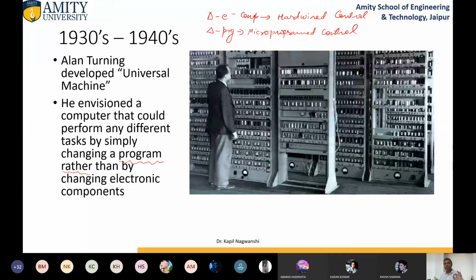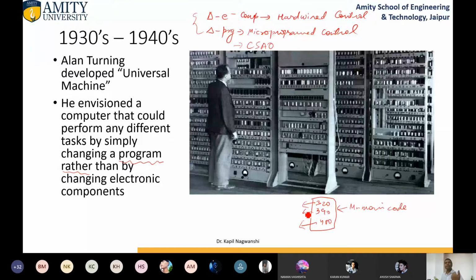So what Alan Turing did was develop a computer where we only need to change the program, meaning we just need to write the code. At that time, programs were written like 320, 390, 400. This is the writing style, and these codes are known as mnemonic codes. Suppose 320 performs transfer of data, 390 performs addition of data, and 400 performs moving of data.